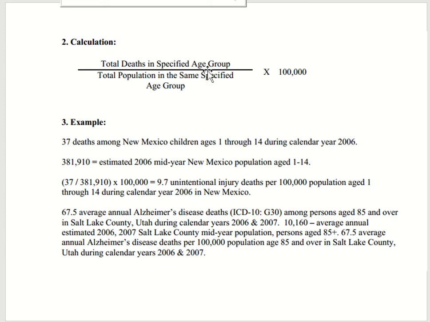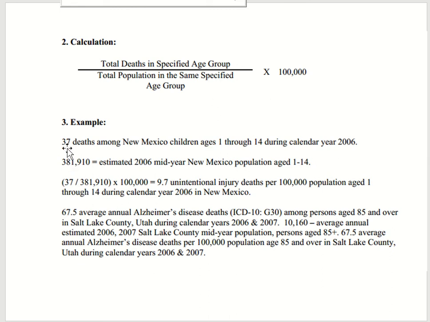So more of a formula over there, and here you have an example. There were 37 deaths among New Mexico children age 1 through 14 during the calendar year of 2006, and then you're given the estimated population in that age group for New Mexico as well.